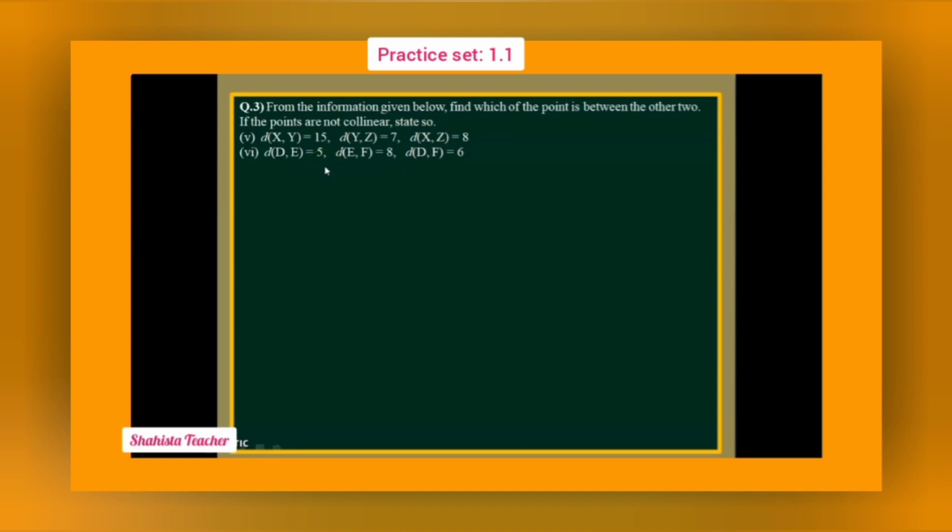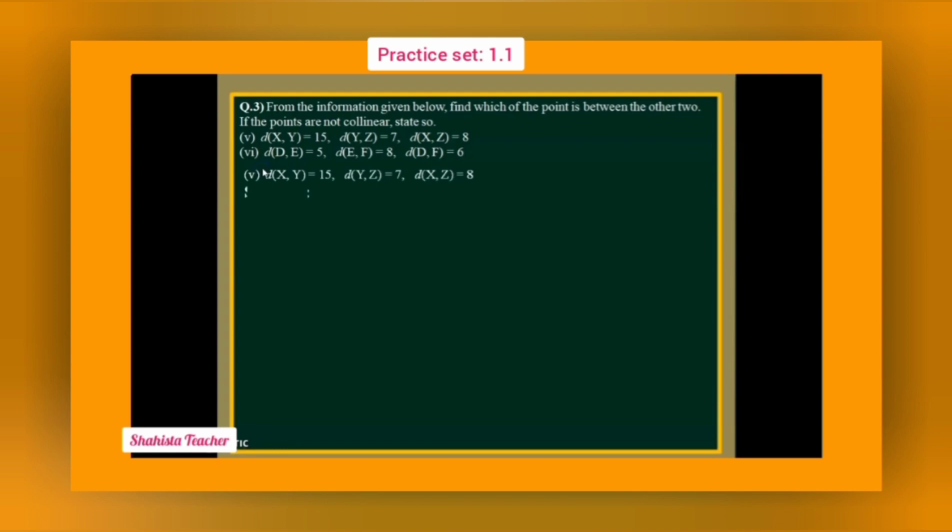Now students, what we have to check is, after adding two numbers, if we get the third number, that means 7 plus 8 is equal to 15, that means it is collinear. If it is not equal, that means it is not collinear. This thing we have to check in this question. So let's start sum number 5.